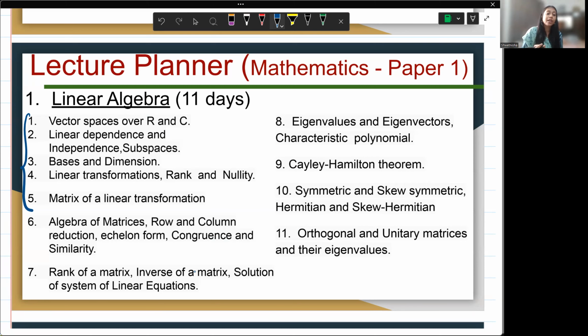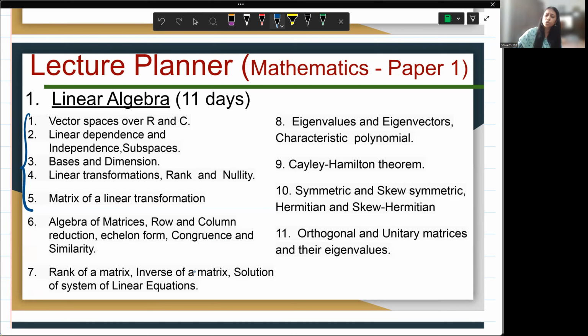So it's not like for some students it's very easy and for some it's not. Everyone has to do their part in some section. So this may seem difficult, but that's why we are here, right? UPSC mathematics optional is not easy and you have to work on it. So these are the first 5 topics.